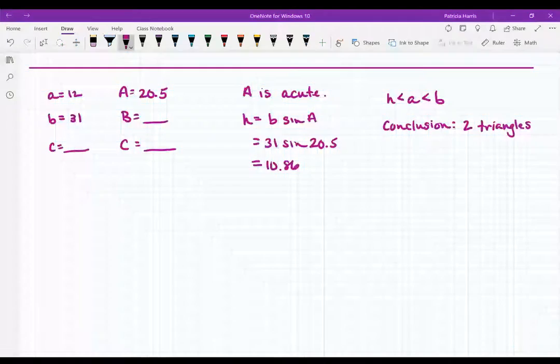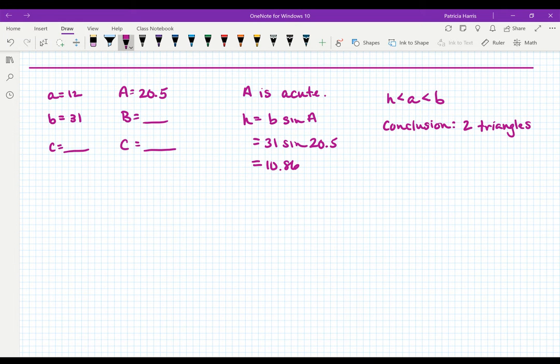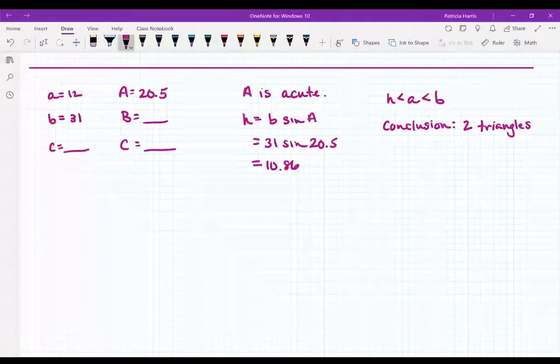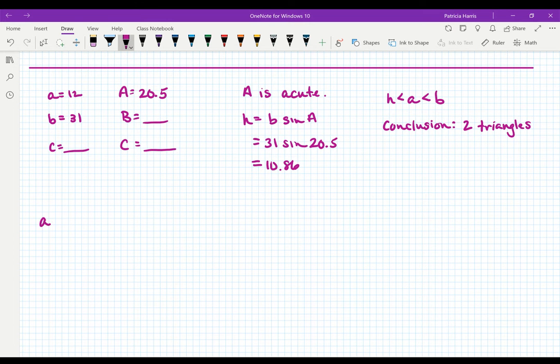So let's find angle B. Now angle B is going to tell us how to find our two triangles in there. So if we have two triangles, my answer will look like this. So I'll have this.